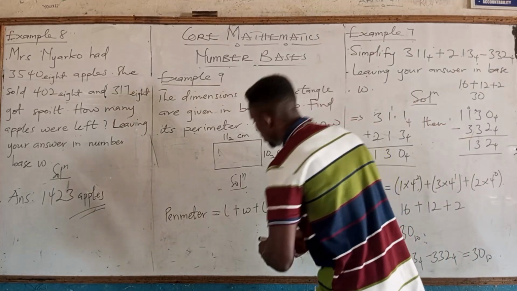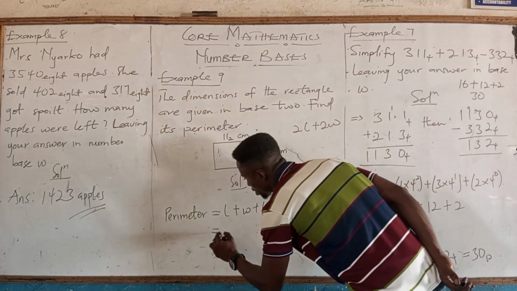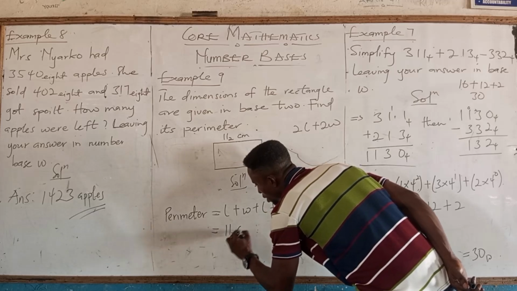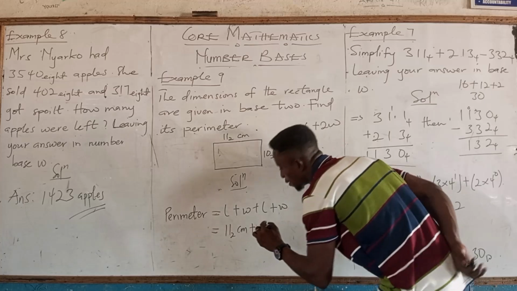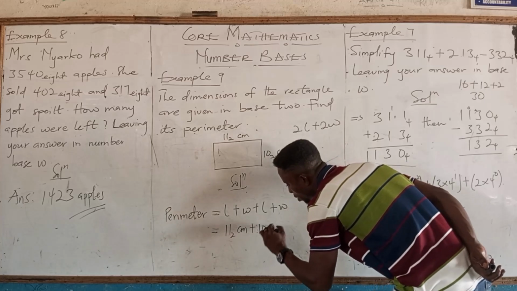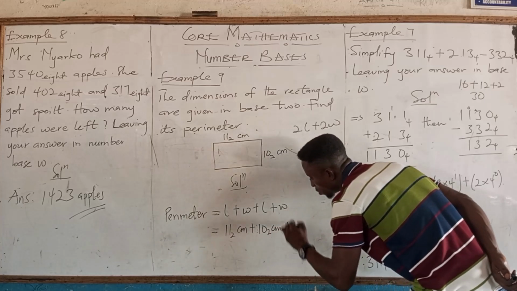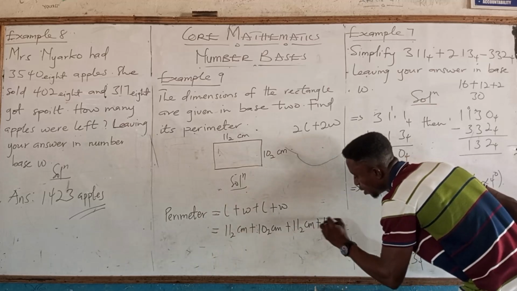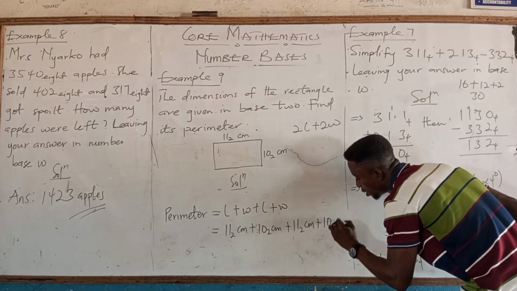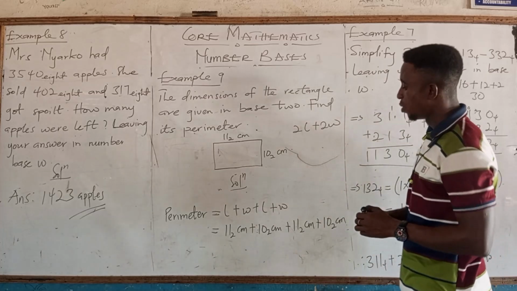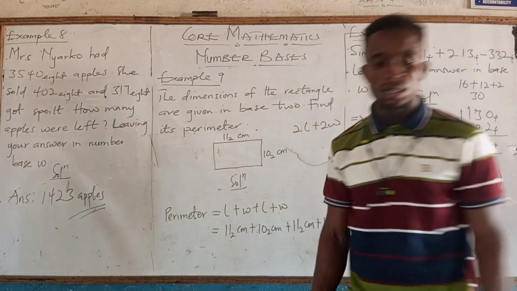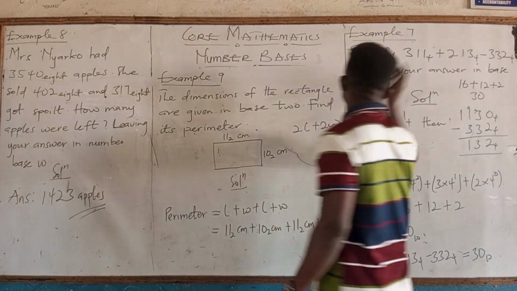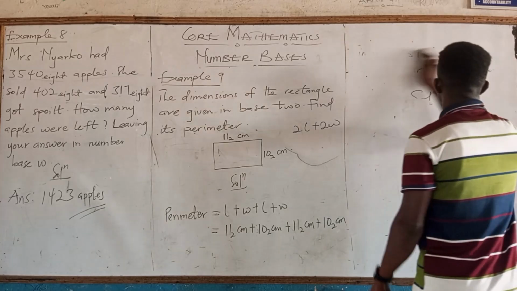So having that, I can say this is 1 base 2 centimeters plus 10 base 2 centimeters plus 1 base 2 centimeters, then plus lastly 10 base 2 centimeters. And how do we solve this? You write them vertically, then solve.